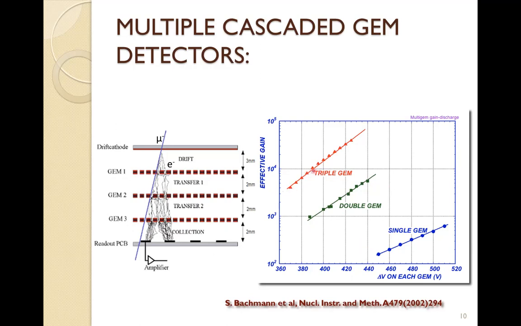Whereas you achieve even more gain at lower voltage when you are using triple gem. So you can see you are getting more and more gain at low voltage using a cascade of gem foils.